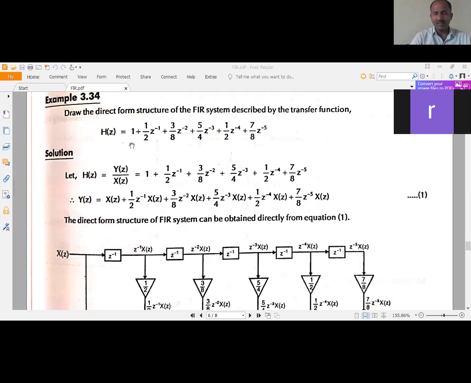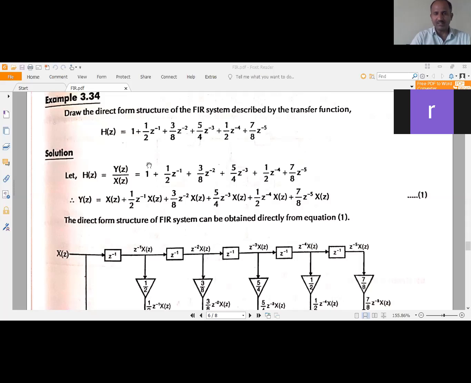The delay elements are z power minus 1, minus 2, minus 3, minus 4, minus 5. So totally 5 delay elements and constant multipliers are there.